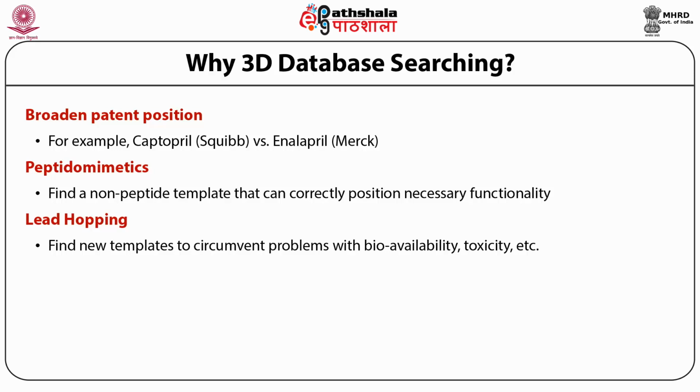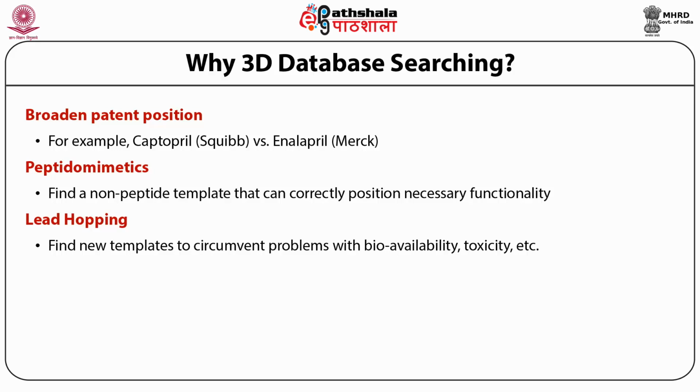Already known compound like captopril in Squibb was known and patented. However, Merck used a very efficient pharmacophore procedure and got a new compound which is sold as enalapril. This is a proof of how efficiently medicinal chemists find from one scaffold and go to another scaffold, which is also called lead hopping.